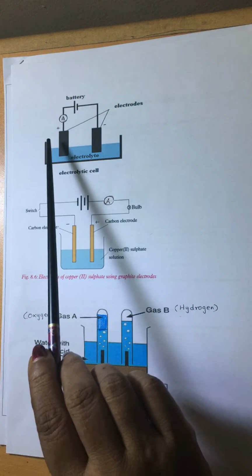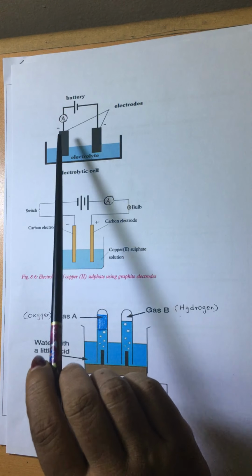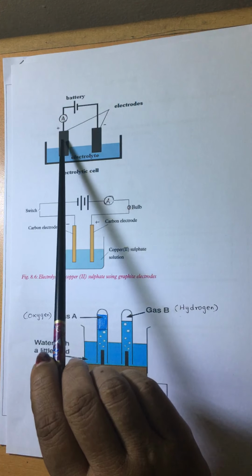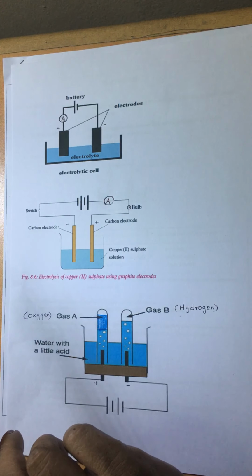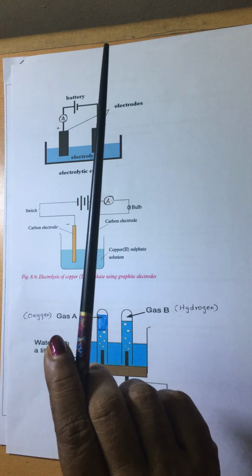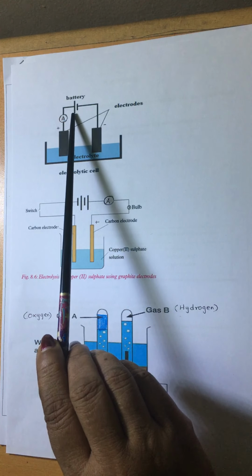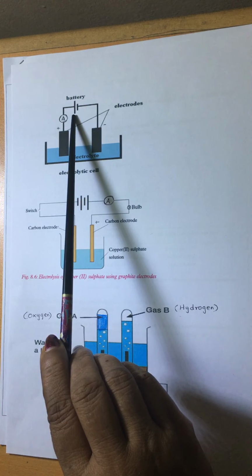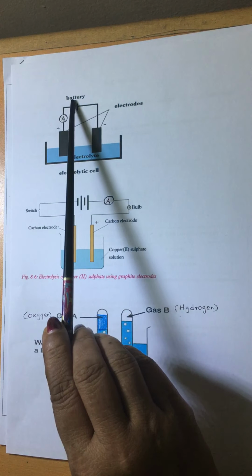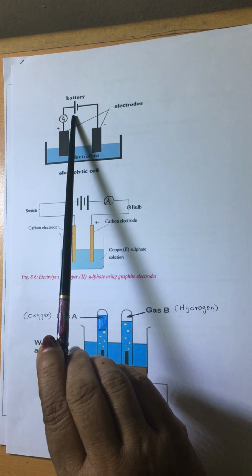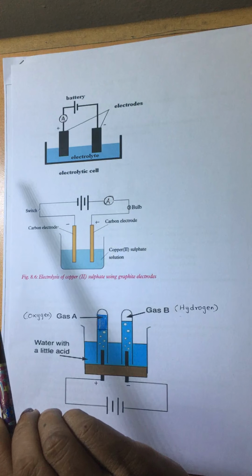So here we fix an ammeter to see whether the current is flowing through it. Here two electrodes are there, one positive electrode and one negative electrode. How can we identify that? This is the plus terminal of the battery. Last year you studied that the long line is plus and the short line is minus.